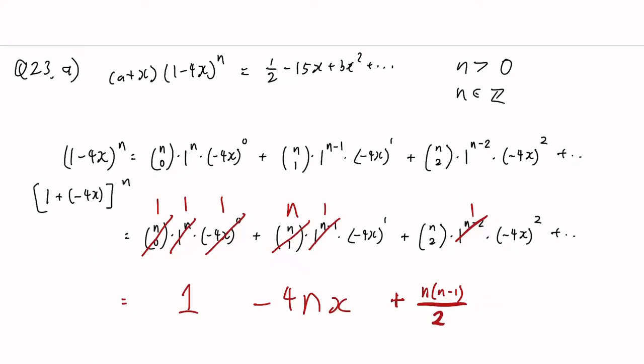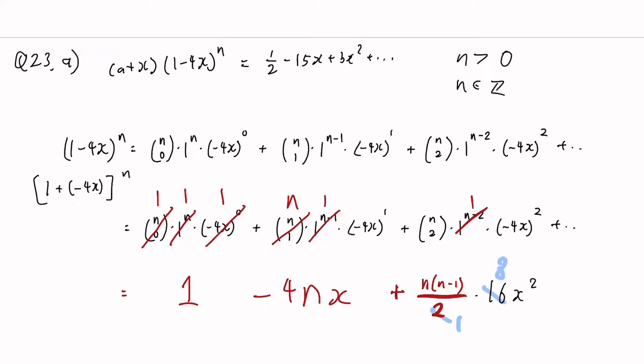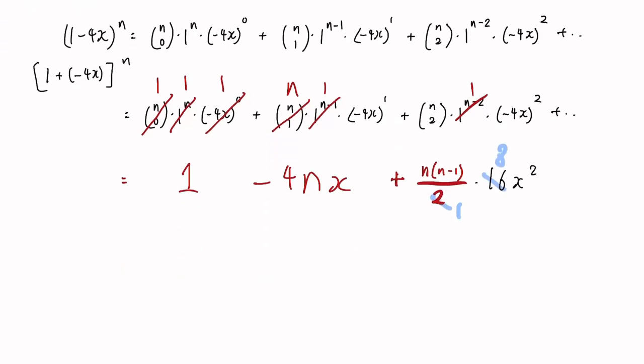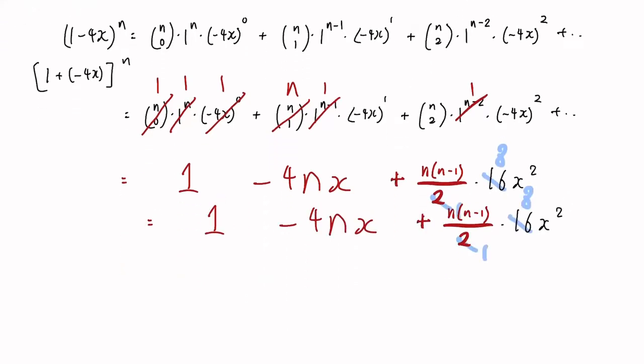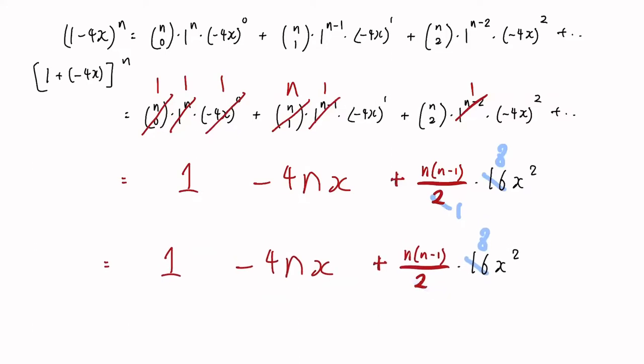Then -4x squared, 16x squared. Yes. Then the 16 and 2 cancel off. 2 becomes a 1, 16 becomes an 8. Okay, clean up, just to be neat. Copy and paste it again. Then I replace this with just 8. So it's just 8 times n minus 1 times x squared. Okay. Are we done?